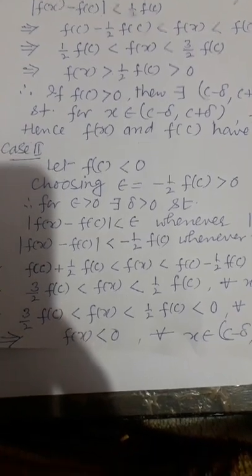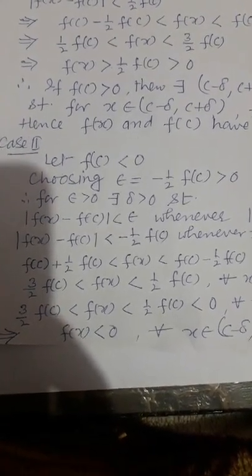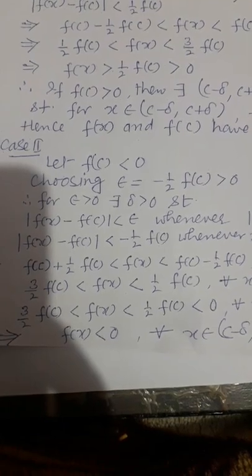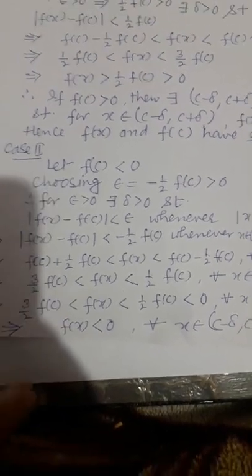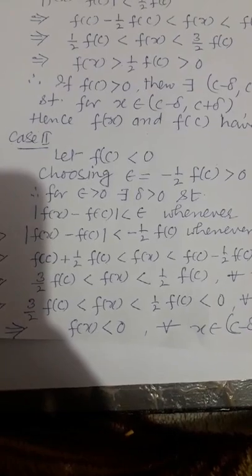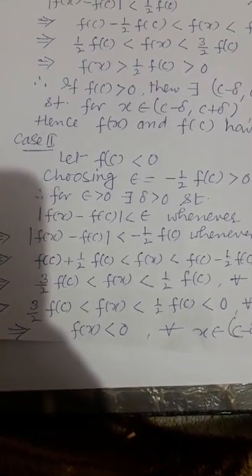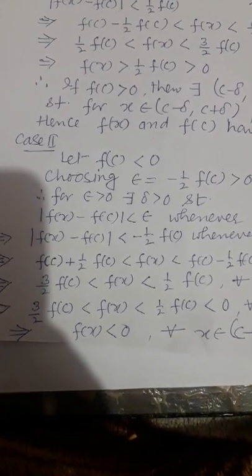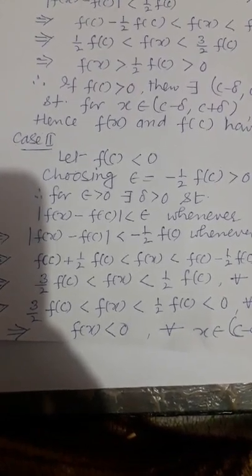So using the condition of continuity, replace epsilon by half of f(c). So we are getting this result: the absolute difference of f(x) and f(c) is less than half of f(c).